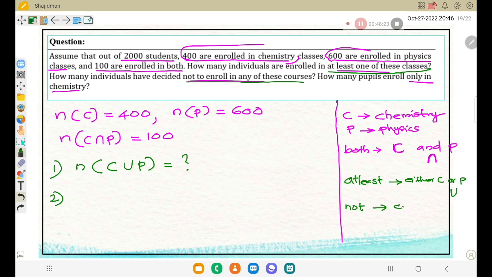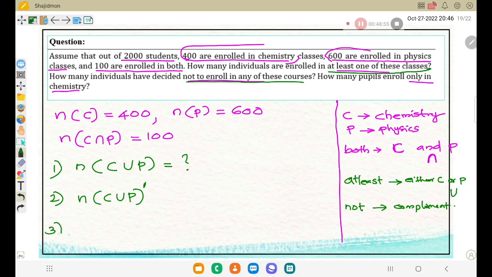So students not enrolled in these two courses means chemistry union physics complement. The number of chemistry union physics complement are those who are not enrolled in both courses.